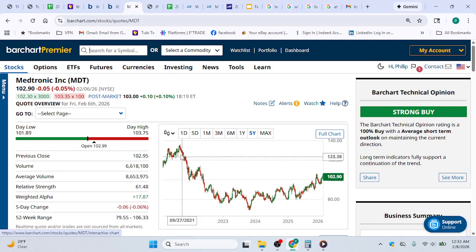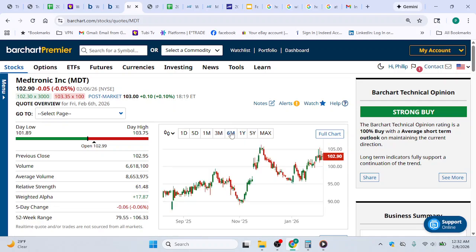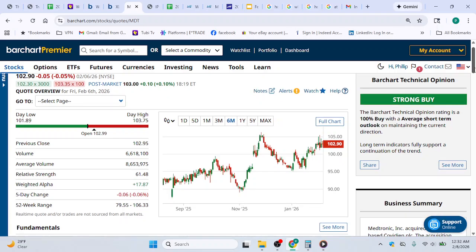It looks like it's had this downtrend. Price came in at the sideways base, and now it's kind of above that base. So this may be an opportunity to maybe consider looking at, maybe studying the difference between Medtronic and something like Boston Scientific. Maybe it's a little bit of homework there.